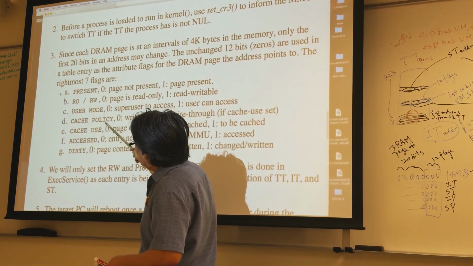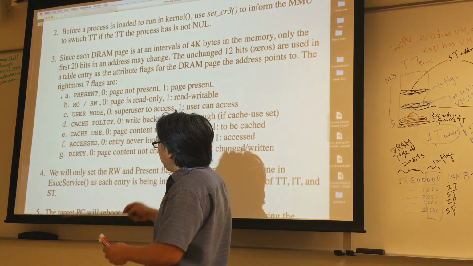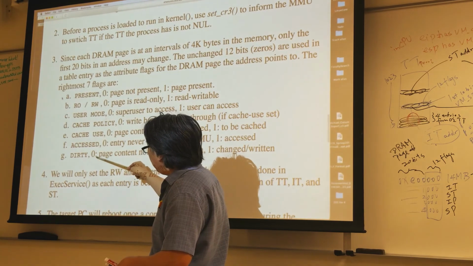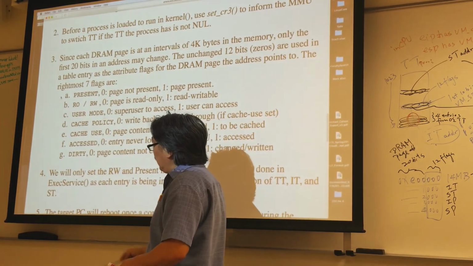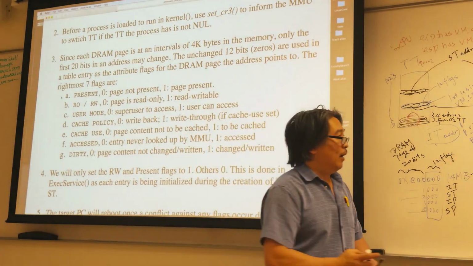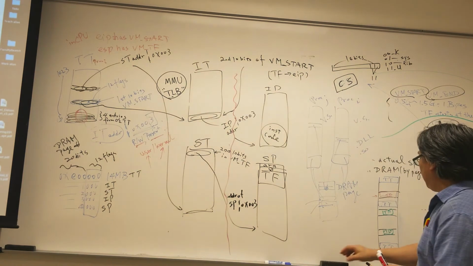User mode and cache policy: we can set the cache policy about the page it points to, to use cache or not. And then the access bit, and the dirty bit, so that if the data page has been changed, then we need to swap it to the swap space. The swap space is an extension of the DRAM pages.